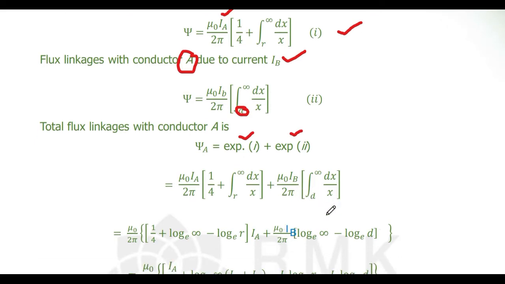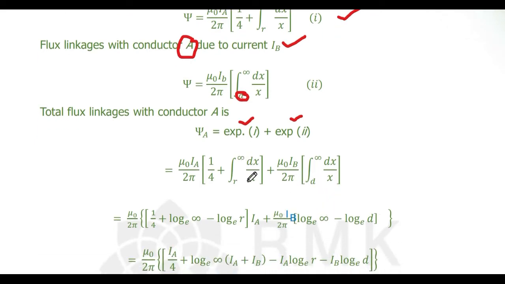And here we are substituting the upper limit and lower limit. 1 by 4 mu naught divided by 2 pi, we have taken 1 by 4 as it is. Then for this integral term we substitute the upper and lower limits. We know the integral of dx by x is log base e. The same thing can be written as ln infinity, correct?